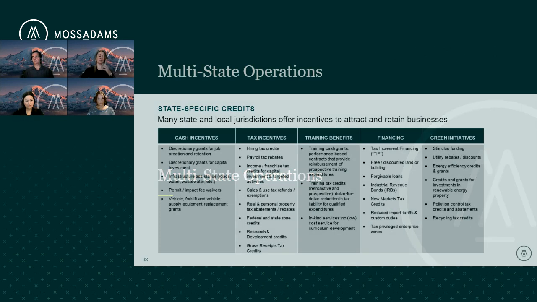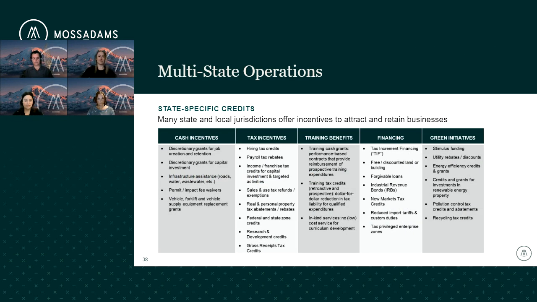So now we're going to pivot into some other types of state incentives that are not specific to hiring and wage-based. Some other types of incentives that might be available at the state level could be cash incentives. This could be discretionary grants for job creation and retention, capital investment, infrastructure assistance, permit impact fee waivers, and different types of equipment replacement grants.